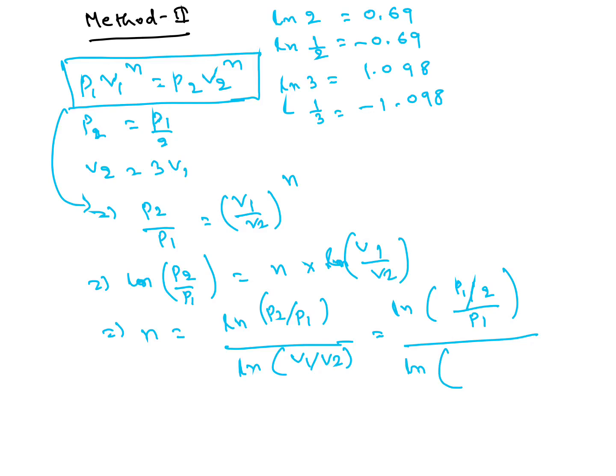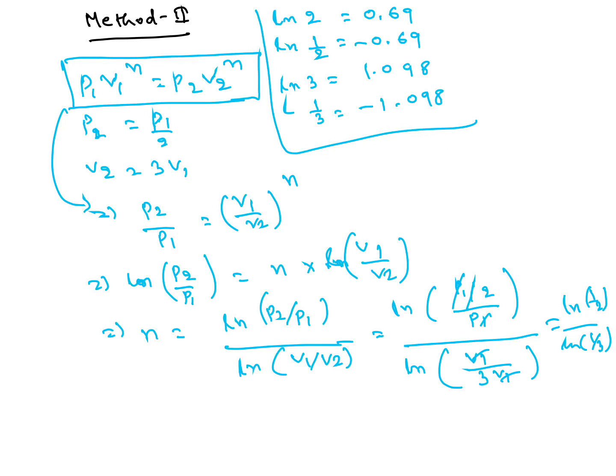P1 cancels. So ln 1 by 2 divided by ln 1 by 3. From here ln2 and ln3 we have to remember. For ln half it will be minus and ln 1 by 3 will be minus.